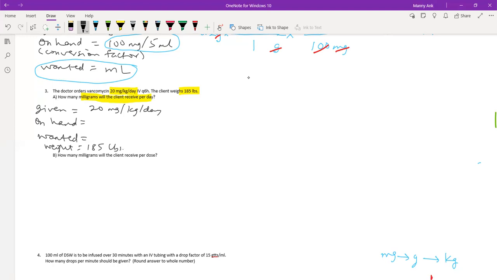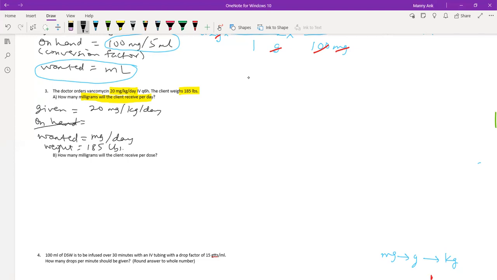Wanted: we want to end up with milligrams per day. It's not always that we will have the on hand version, so I'll cross that out.